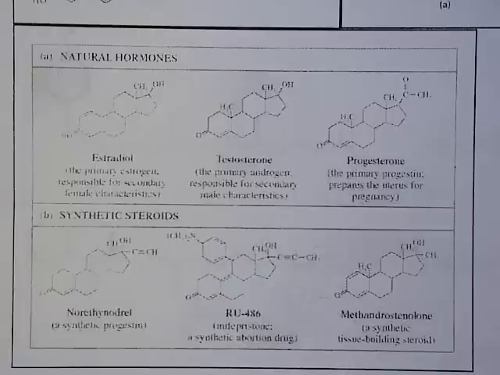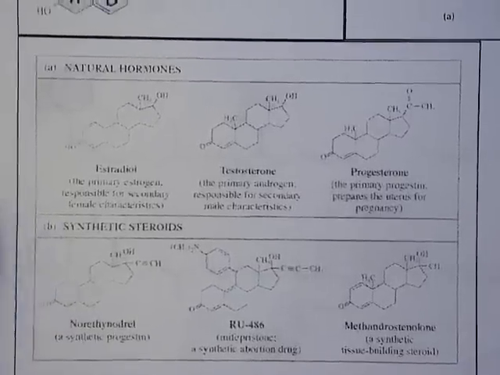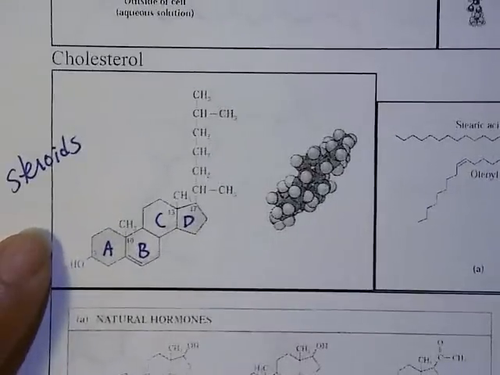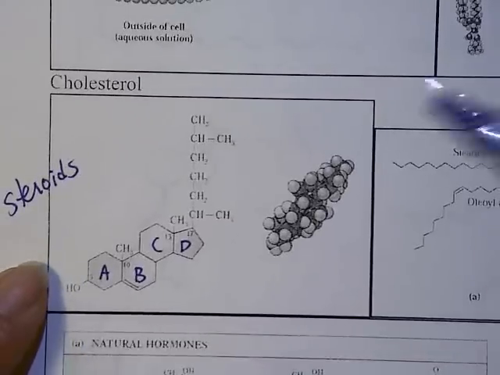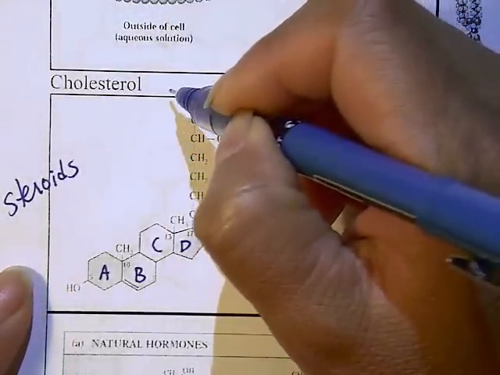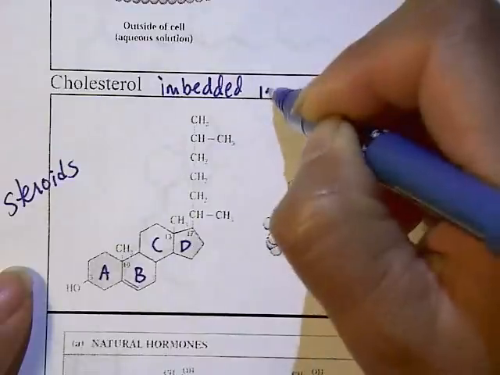So steroids are messengers that carry out functions. Cholesterol, though, even though it belongs under steroids, is an important part of the lipid bilayer. These are embedded in the membrane, as you saw before in the picture.